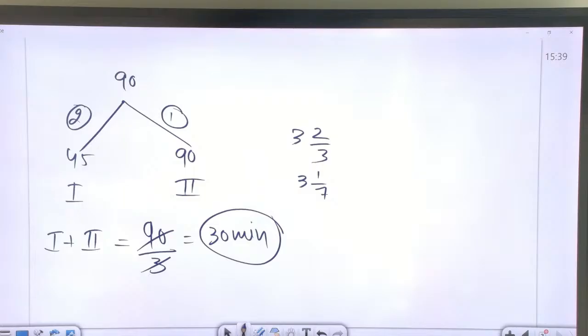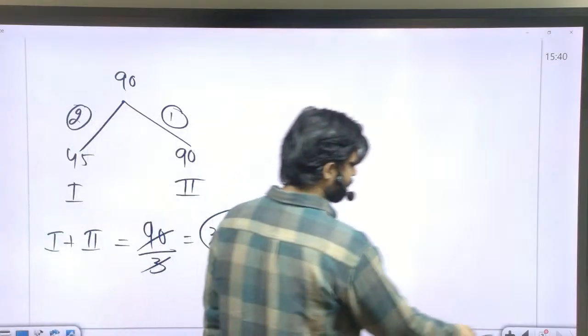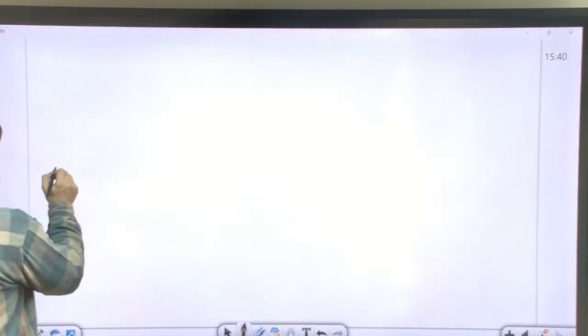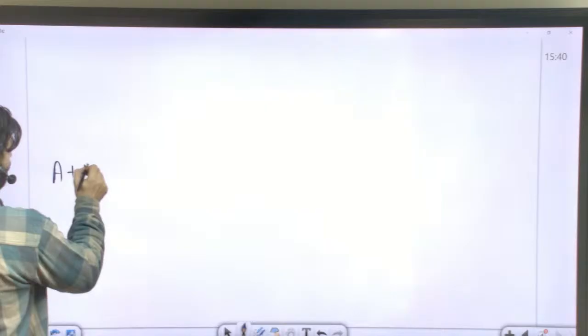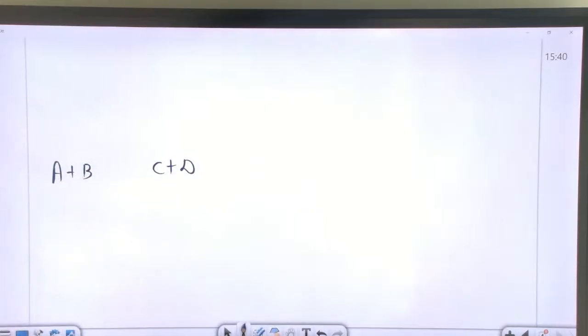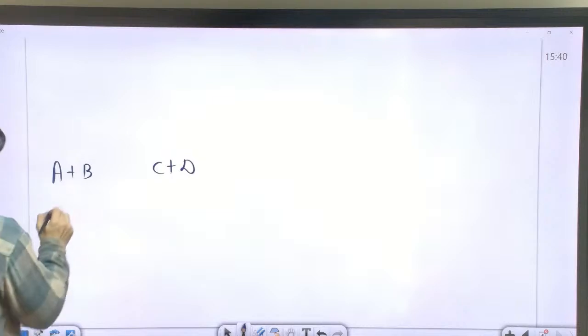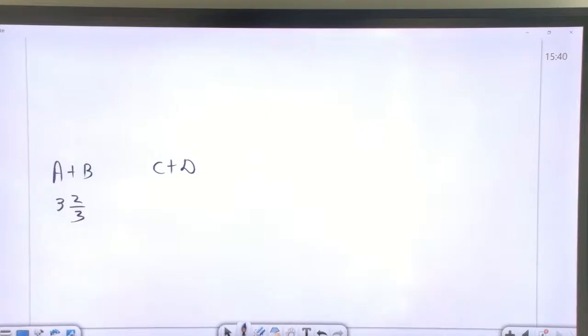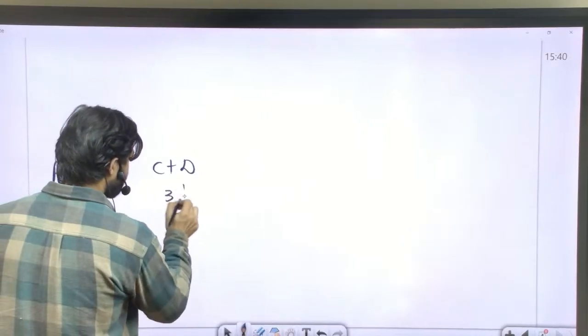Done? Okay, look at the board then. A and B together, so this is A and B, and this is C and D. Together they are taking 3:2 by 3 days, and C and D, they are taking 3:1 by 7 days.